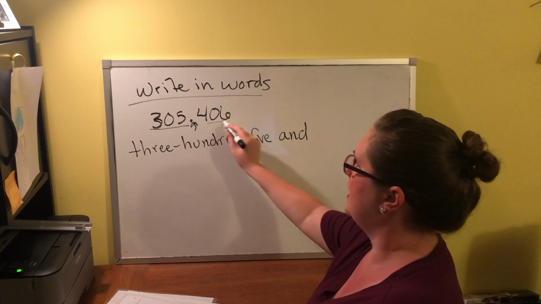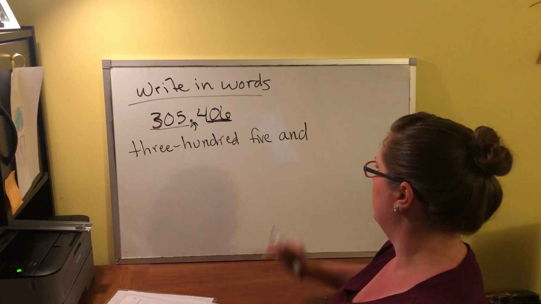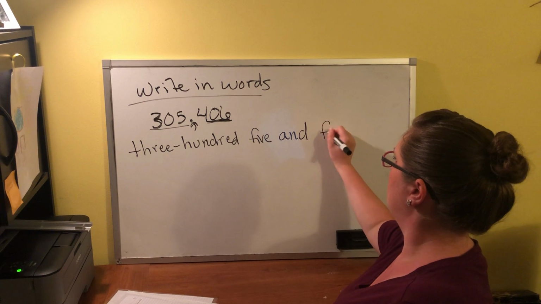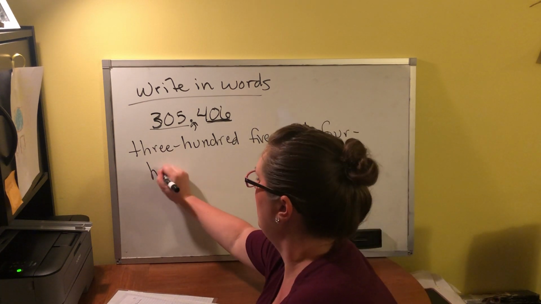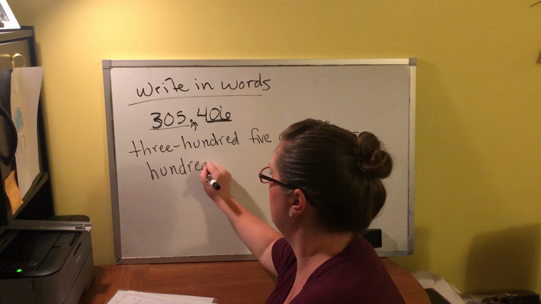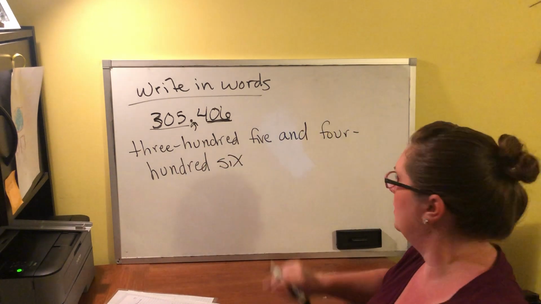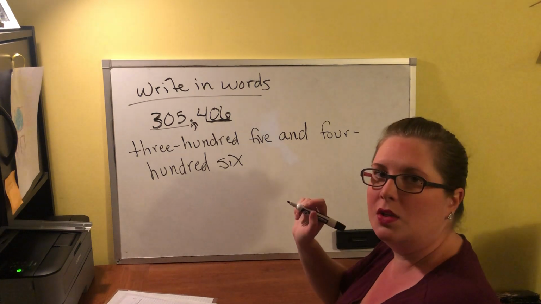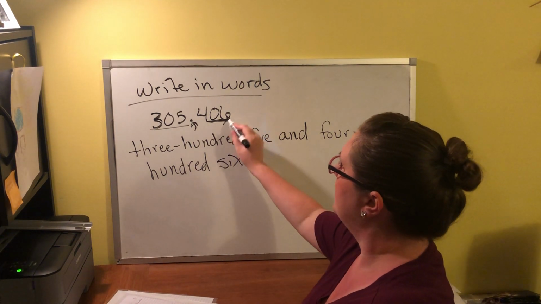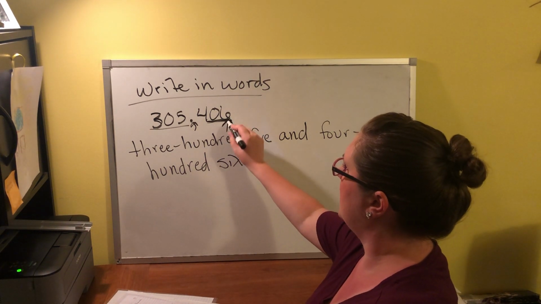Now we're going to start writing out the number as if it was a whole number. So this is 406. Once again, no and. 406. Then we're going to look at the last decimal place. The 6 is in the last decimal place.